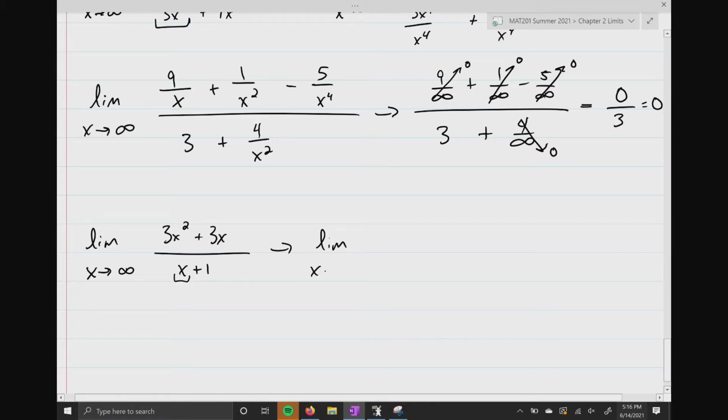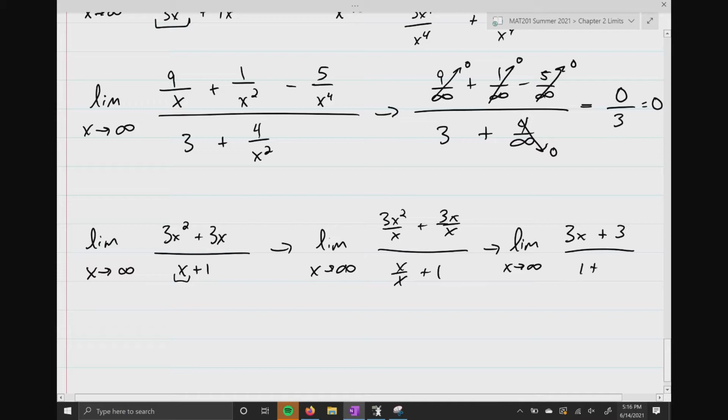Write that out a little cleaner. Here we go. So I get 3x squared over x plus 3x over x all over x plus 1. When I go to simplify, I get the limit as x approaches infinity of 3x plus 3 all over 1 plus 1, which gives me the limit as x approaches infinity of 3x plus 3 all over 2.